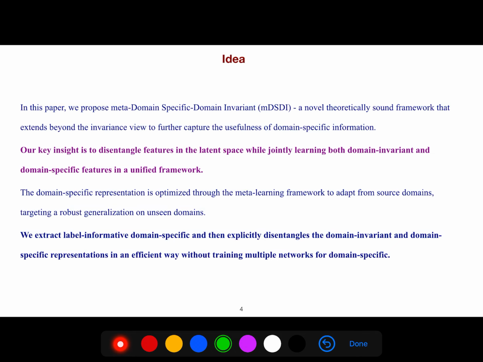So they propose meta-domain-specific domain invariant, a novel theoretically sound framework that extends beyond the invariance view to further capture the usefulness of domain-specific information.